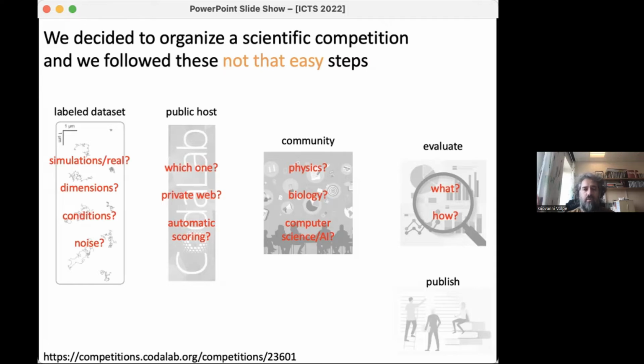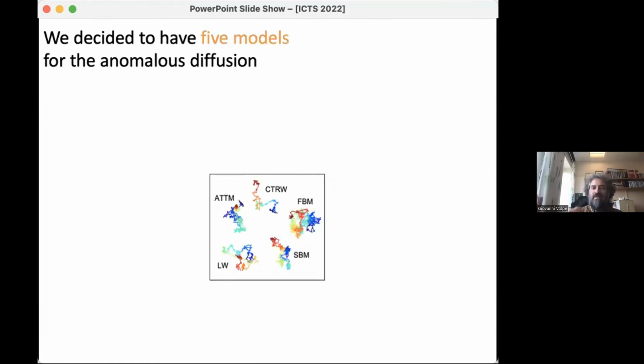We need to have a scoring system that is aligned to that. And finally, you need to publish, which means deciding where you want to publish. You don't really have any guarantee about where you will publish, as you will understand. So what if no one wants to publish your paper? What are you going to tell the contestants afterwards? These are questions that you have in your mind. Okay, so we had to make a lot of decisions.